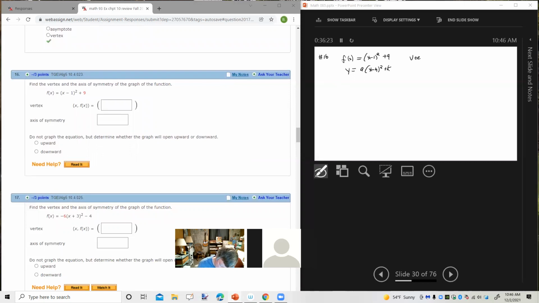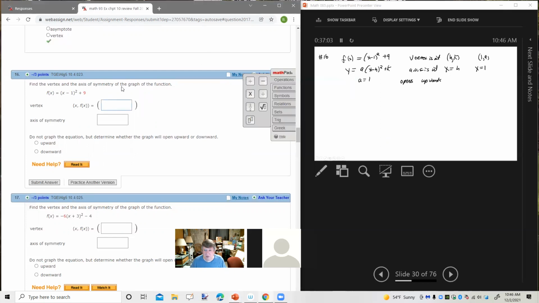Recall that the vertex is at (h, k), and the axis of symmetry is at x equals h, and it has to be an equation. Now if a is positive, it opens up. If a is negative, it opens down. A equals 1, so it opens upwards. So the vertex would be at what? (1, 9). The axis of symmetry, x equals 1. And then, of course, it opens upwards.